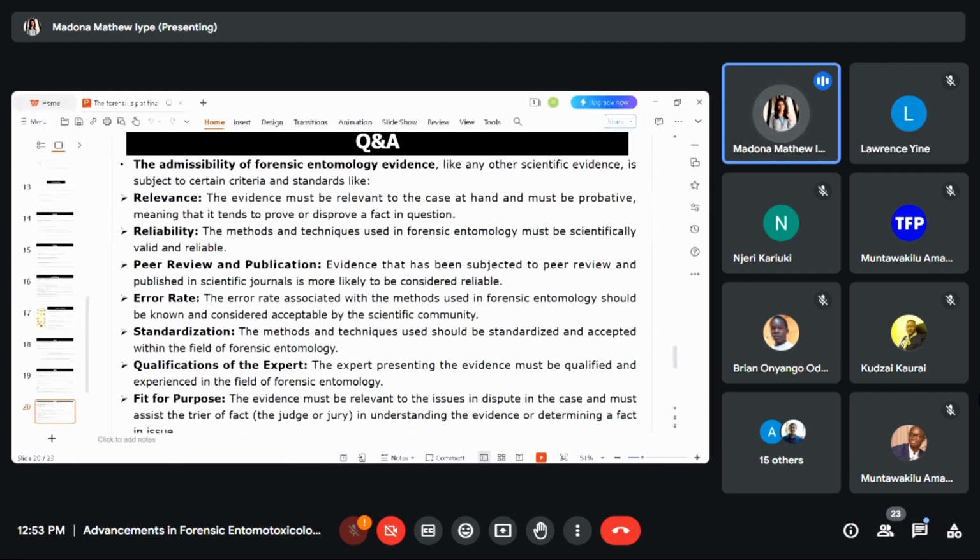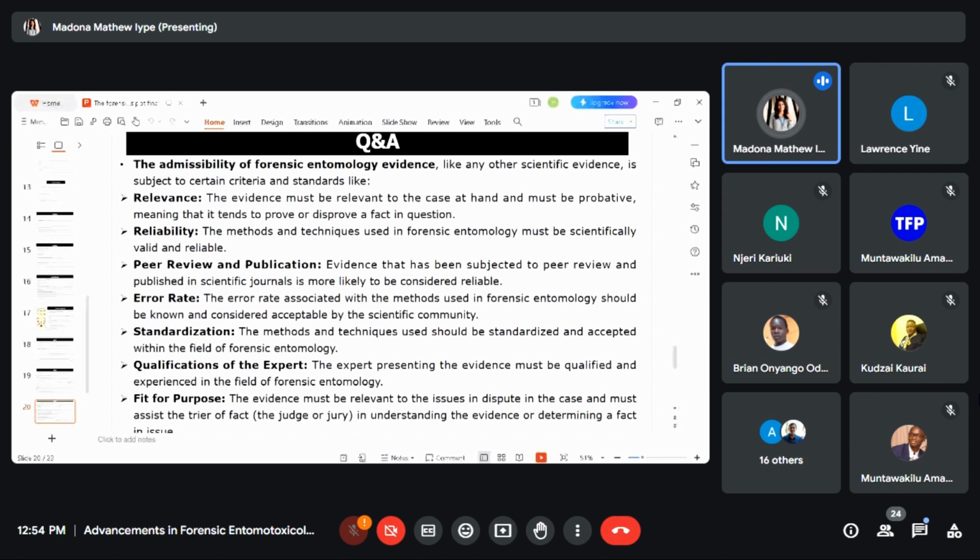Then the standardization of the tools, techniques or instruments which we use for analyzing the evidence should also be done.